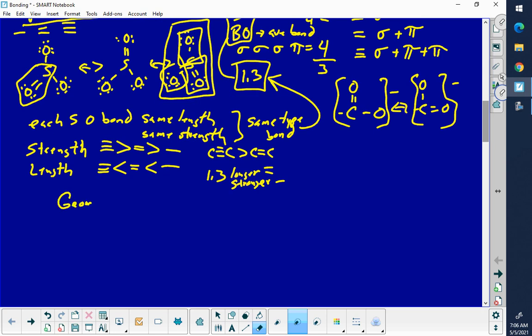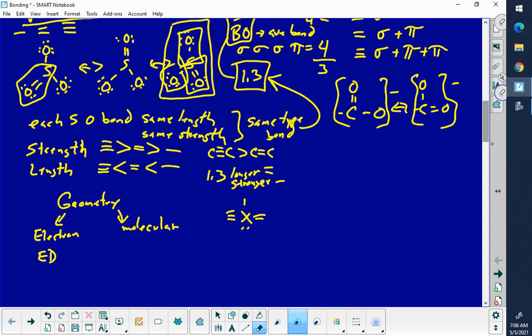When I'm talking about geometry, we really talk about 2 things. We can talk about electron geometry, and we can talk about molecular geometry. So watch what they're asking for. If we're talking about electron geometry, we only care about electron domains around my central atom. And what is that? Here's my central atom. A double bond is one domain, a single bond is one domain, a triple bond is one domain, an unshared pair is one domain.